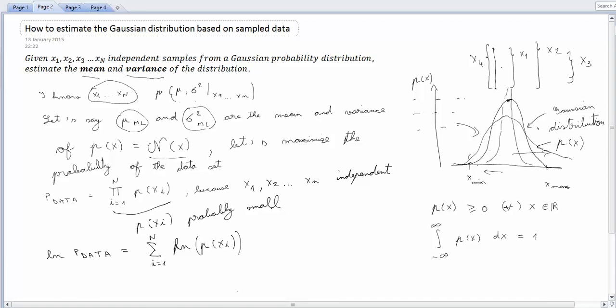Okay, so the question is, what is p of xi? Let's remember that this needs to be maximized, and let's go on to see what p of xi is.